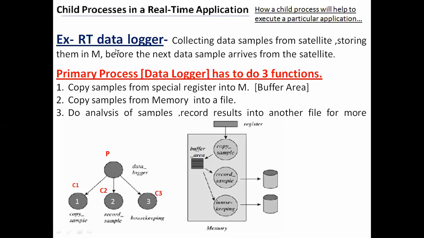In the data logger application, this is the parent process, which creates C1, C2, C3 as the child processes, where the function of each child process is given here, and the flow is also mentioned here.